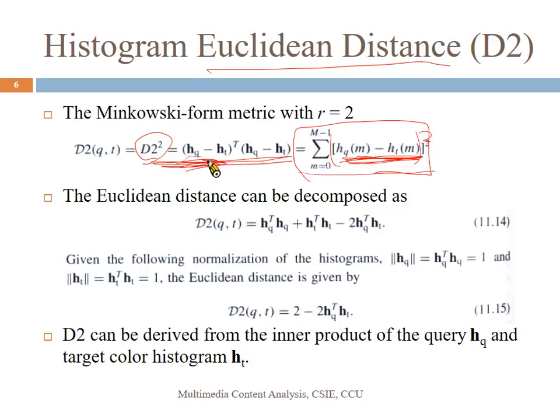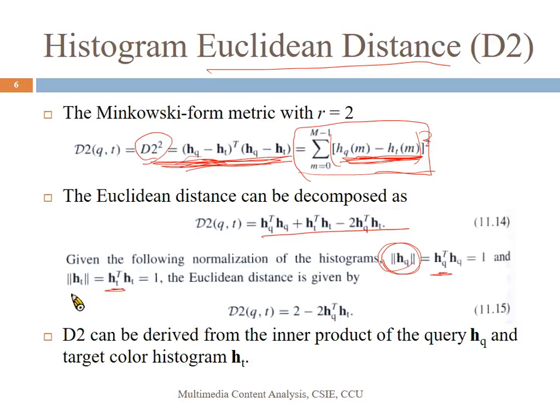And this equation can also be decomposed like this. We just multiply HQ by HQ, HT by HT, and then minus 2 times HQ multiplied by HT. Okay, and if we normalize the histogram, then HQ multiplied by HQ is equal to 1 because it is normalized. So HQ is a unit vector. Also, HT is a unit vector.